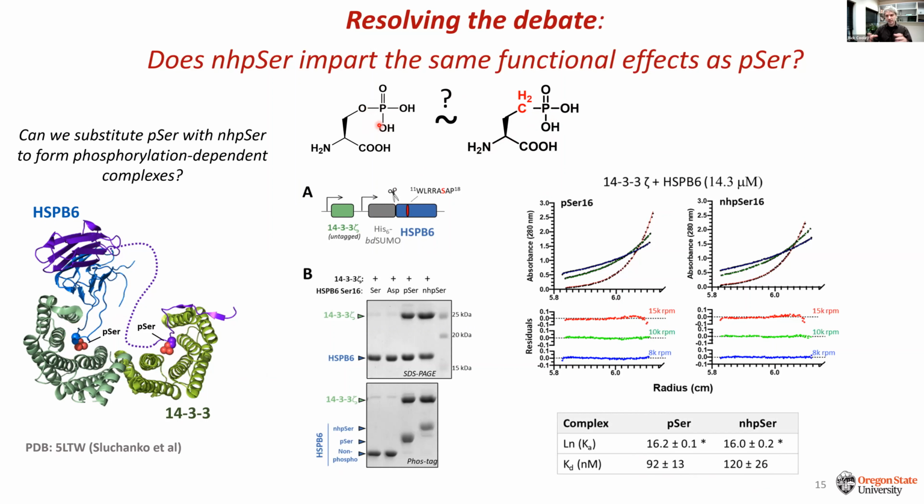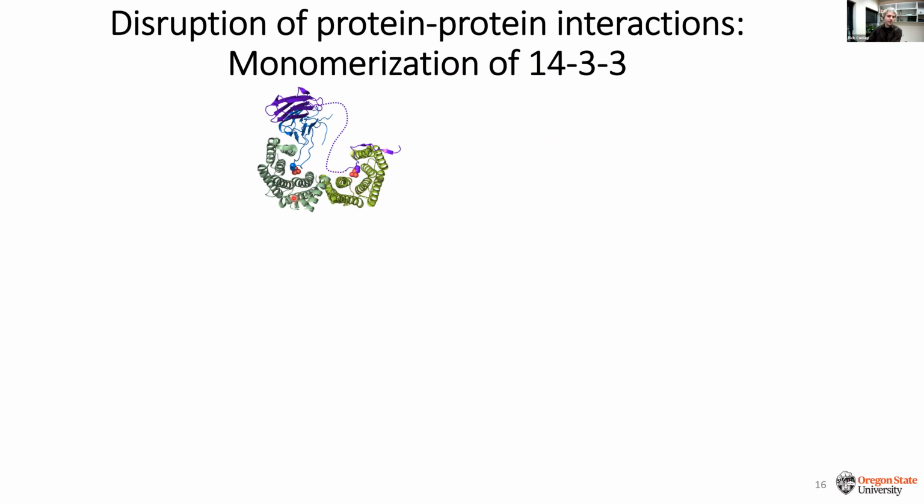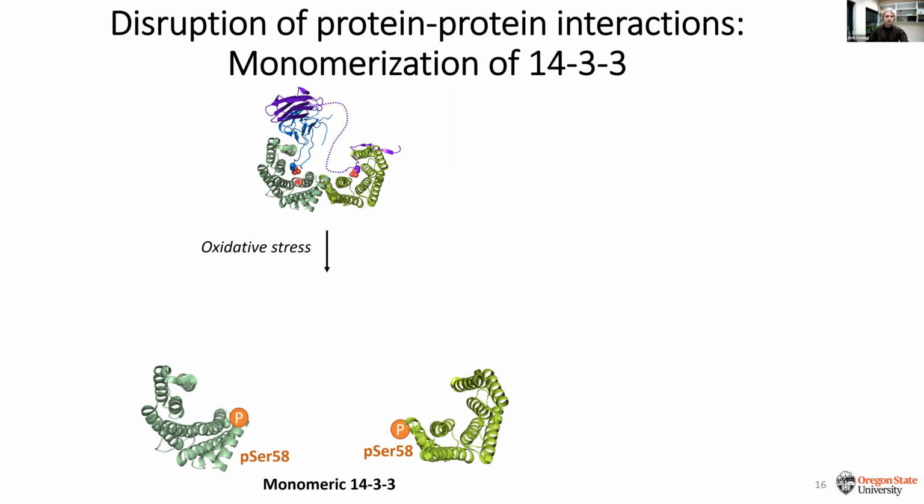So while forming complexes is one function of protein phosphorylation, another function is to disrupt protein complexes. And so we wanted to ask, could we use non-hydrolyzable phosphoserine to do that? And for that, we turned to the same protein, 14-3-3. So as I mentioned, it is in fact a dimer. And what's known is that under conditions of oxidative stress, 14-3-3 itself will become phosphorylated.